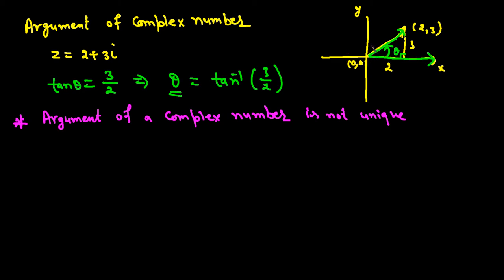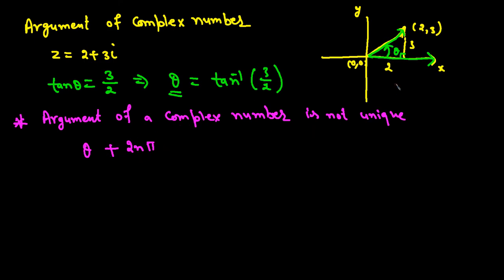Okay, and let's write the argument in general. If the argument of a complex number is theta, it can also be theta plus 2n pi. See, it can be any value. If n is 0, the number of rotations, let's say, then it is just this value theta.